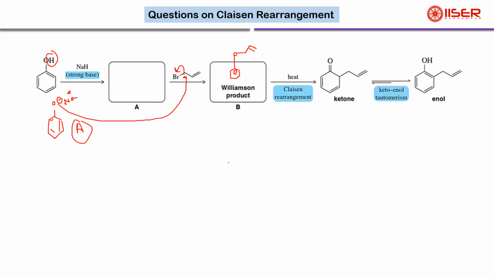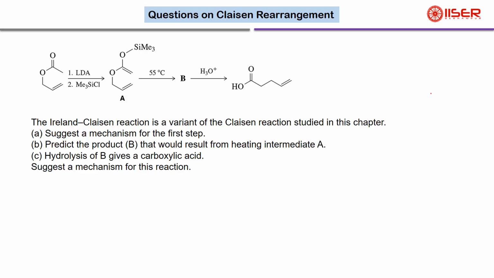So this Williamson product will be formed. After that it undergoes a Claisen rearrangement like we have done, then simple aromatization. This is the example of an Ireland Claisen reaction.